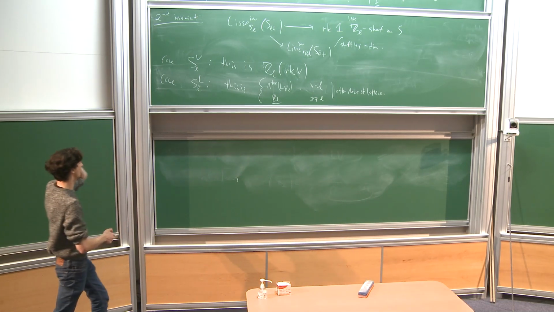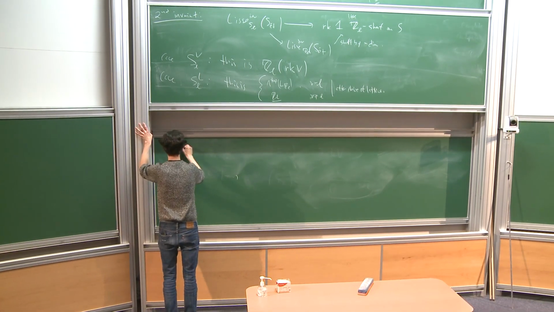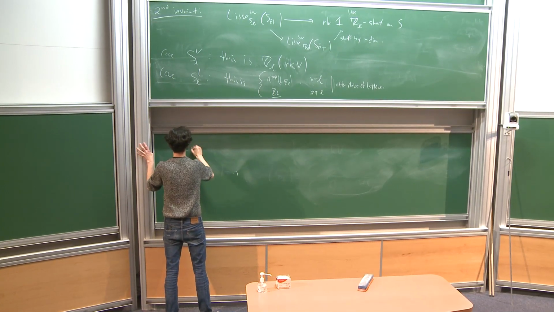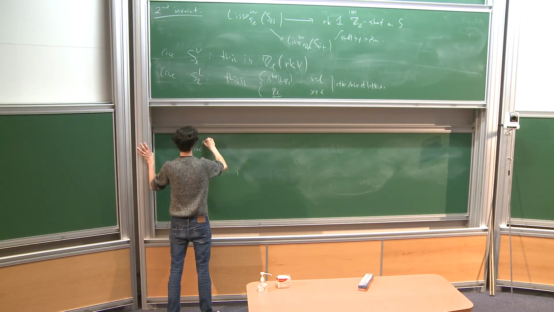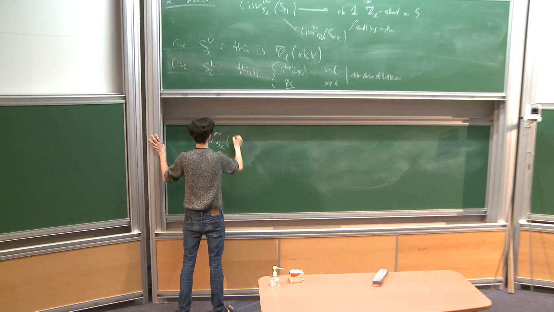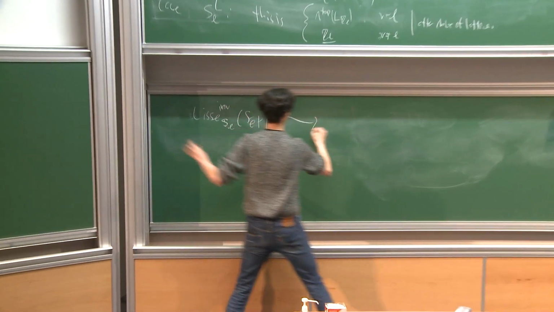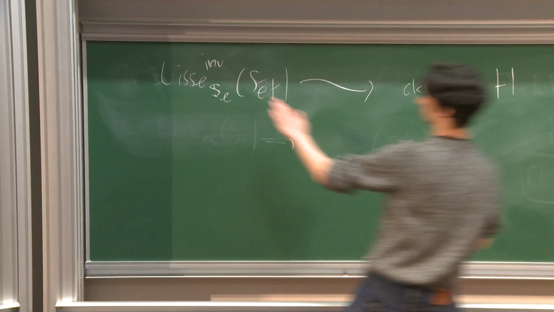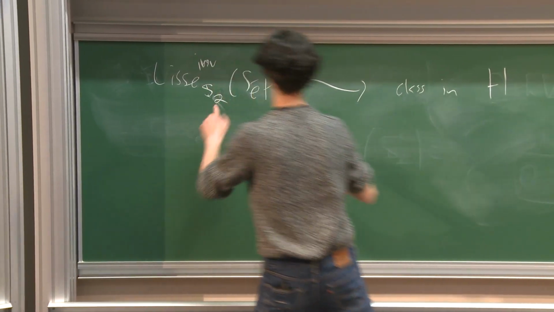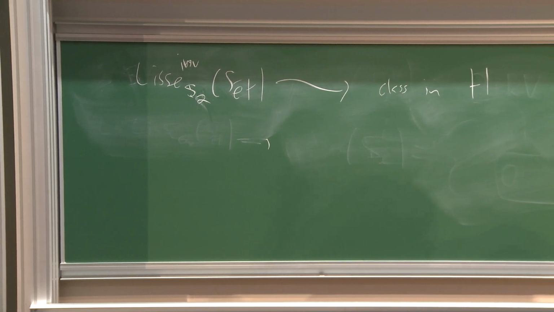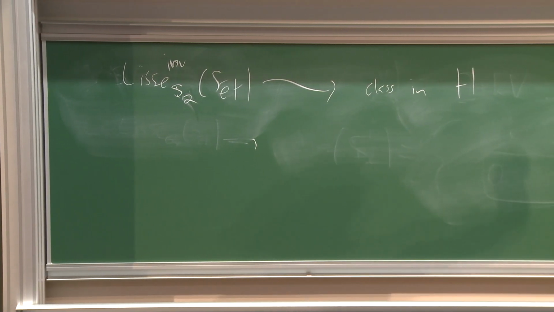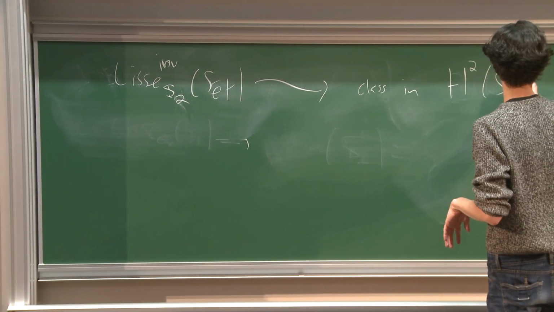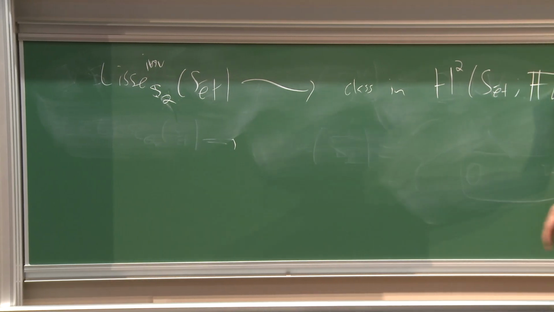Right, so again, if you have an invertible Lie SL sheaf on S étale, then you get a class, now with L equal to 2. So I'll take S2, we want to pick up the 2-torsion information. Then we get a class in H2 of S with coefficients in F2.